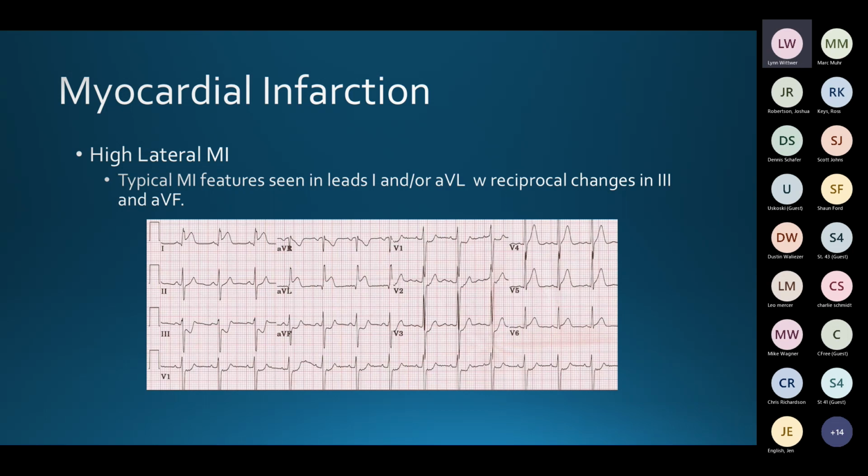So in this case, this turned out to be not a left bundle, not a STEMI, but probably due to sepsis more than anything else. You notice that there's reciprocal changes in the vast majority of the rest of the leads, indicating probably generalized ischemia.